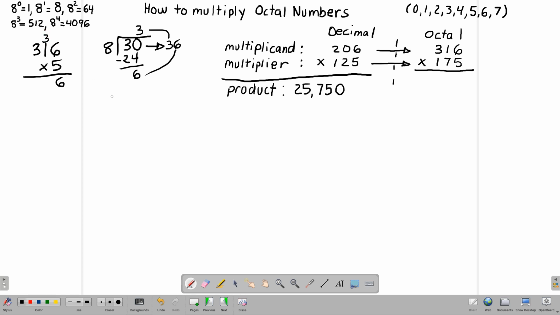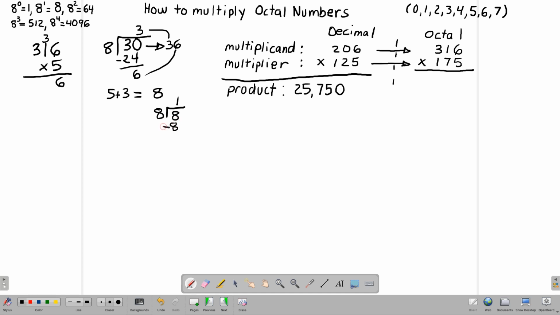So the next value we have is 5 times 1 is 5, plus 3, we get the value 8. So we have to convert that to octal. So we just say 8 goes into 8. That'll be 1 time. 1 times 8 equals 8.